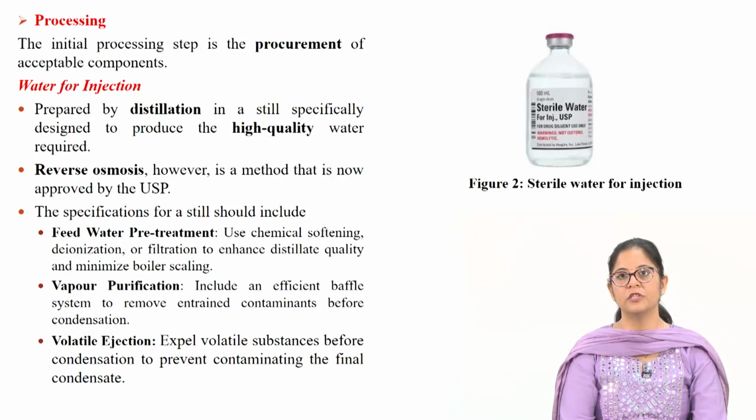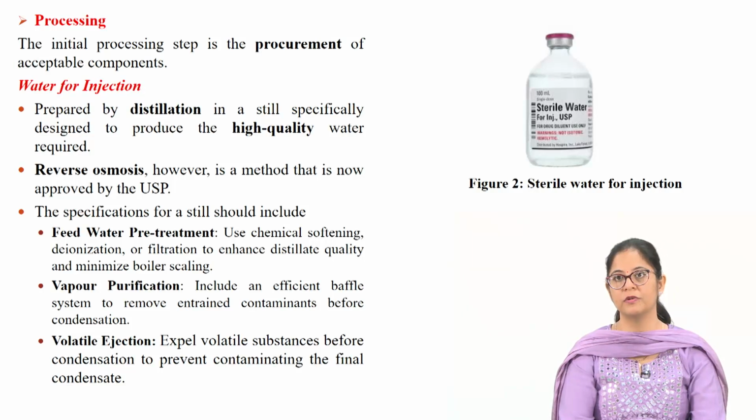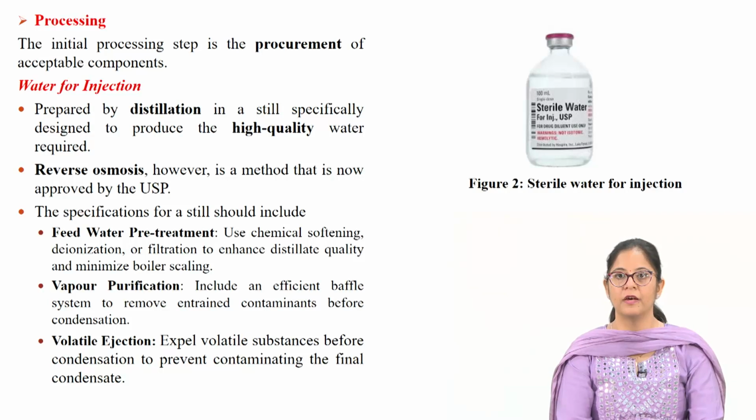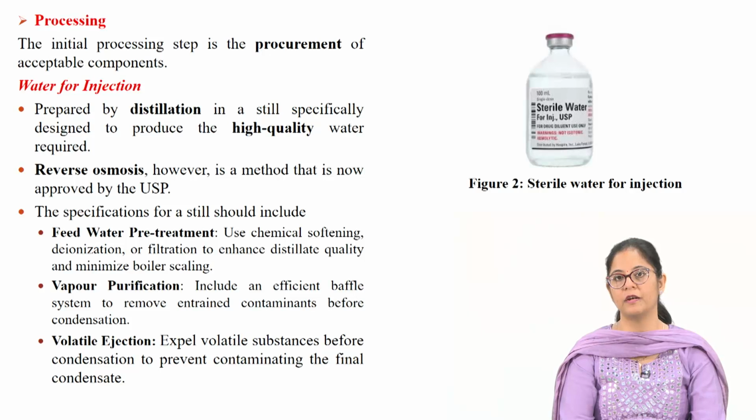The specifications for a still should include feed water pre-treatment, that is using chemical softeners, deionization or filtration to enhance distillate quality and minimize boiler scaling. Vapor purification includes an efficient baffle system to remove entrained contaminants before condensation, and expelling volatile substances before condensation to prevent contaminating the final condensate.